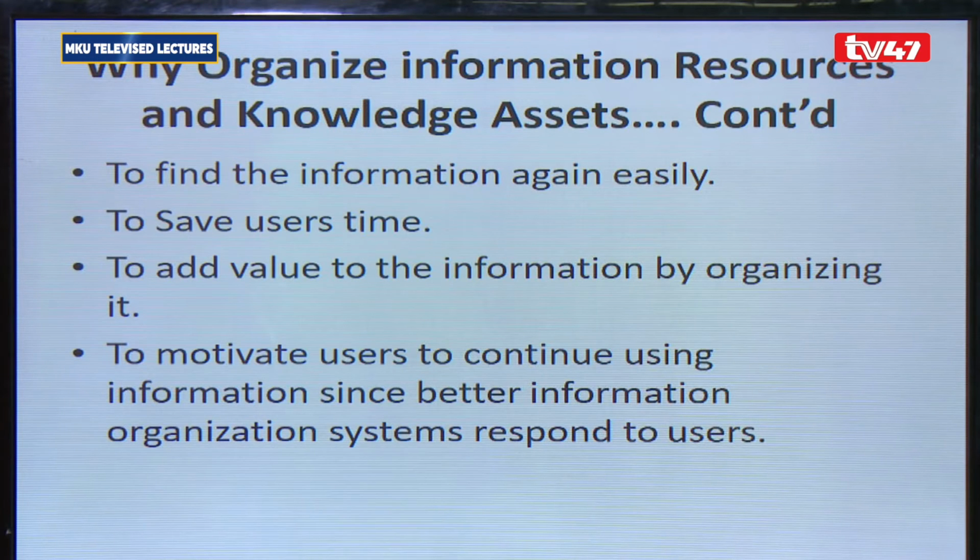And then to save the user's time. This is where Ranganathan's fourth law, modified law, comes in. Then to add value to the information by organizing it. Then to motivate users to continue using information, since better information organization systems respond to users. Users like where things are orderly and organized.